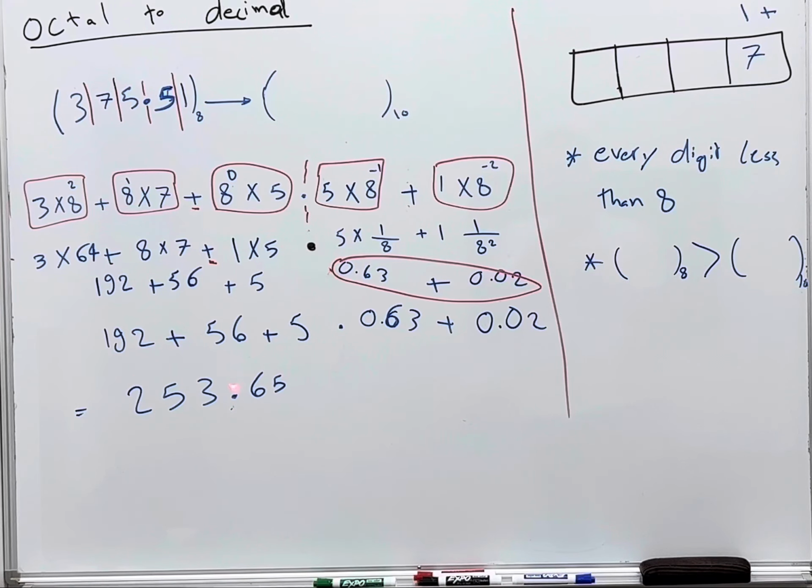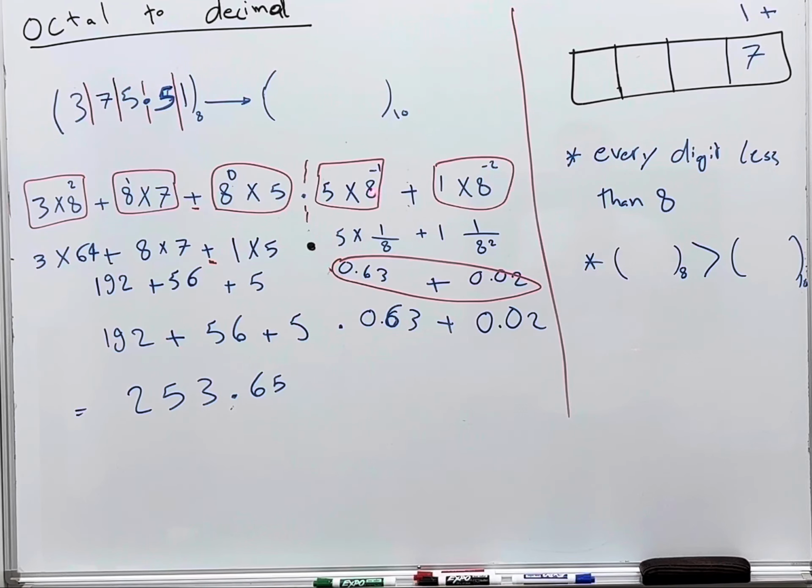The fraction we will do as the next step. So we go back to the fraction. The first number on the right side of the fraction point is multiplied by 8 to the power of minus 1, then we add 1 multiplied by 8 to the power of minus 2.